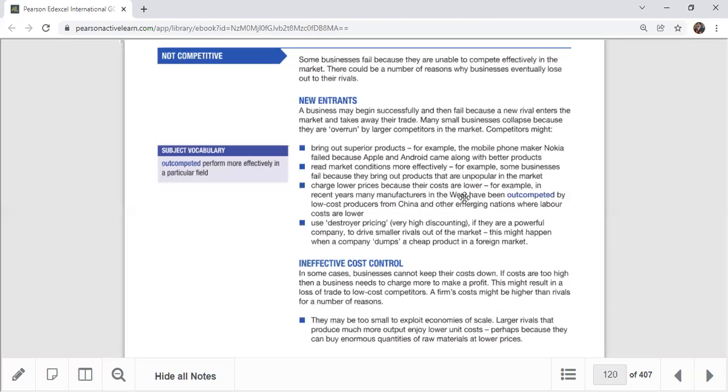Therefore, you should read the market conditions at the right time. If you are going to invest and introduce something, you should introduce a product suited to the particular economic condition. In a recession, people will think about reducing costs. As a result, they will go for cheaper items. They will not go for luxury, heavy, expensive items.